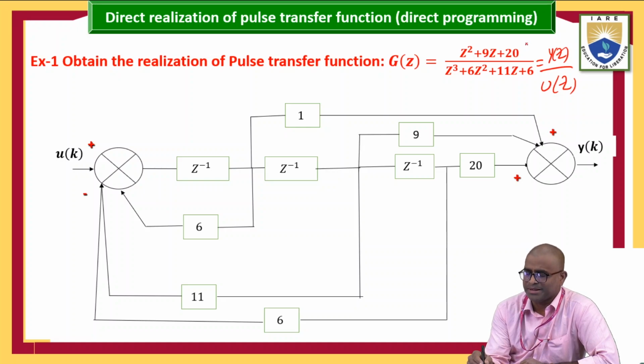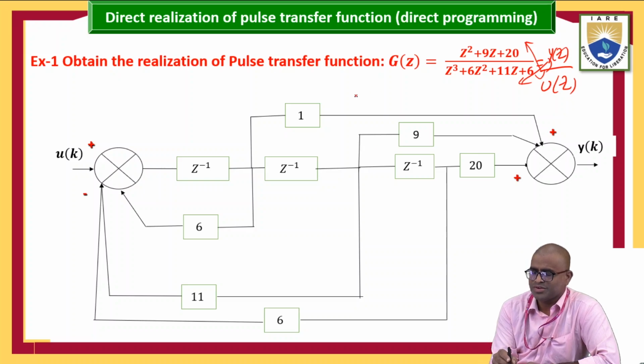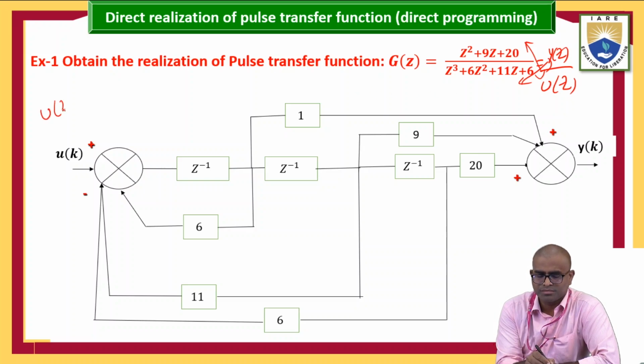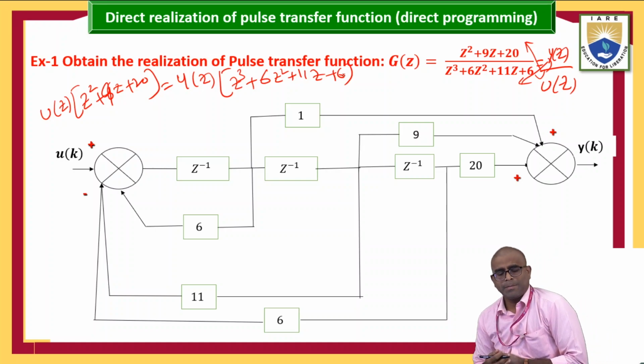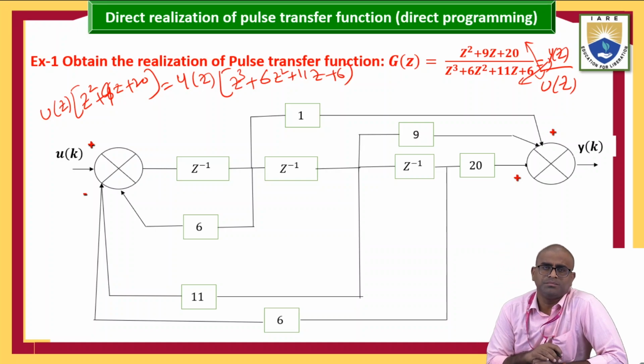Cross multiply. So u of z into that part equal to y of z into this one.